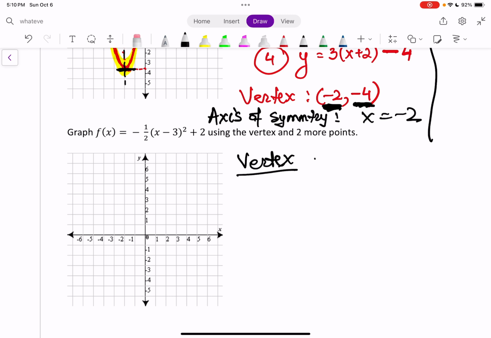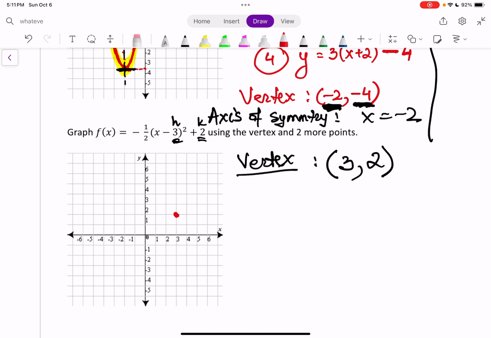But can you tell me where the vertex is? Hopefully you're convinced that the vertex is what's being subtracted from x and what's being added back behind the quadratic. So that's my h, k. In other words, this parabola is going to turn at 3, 2.